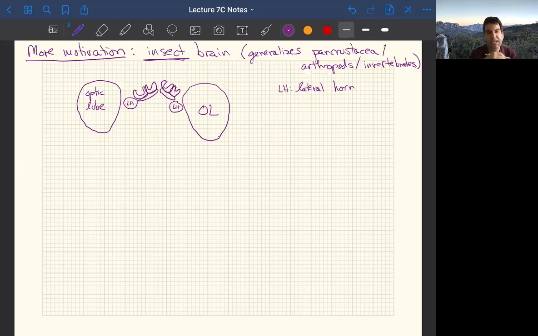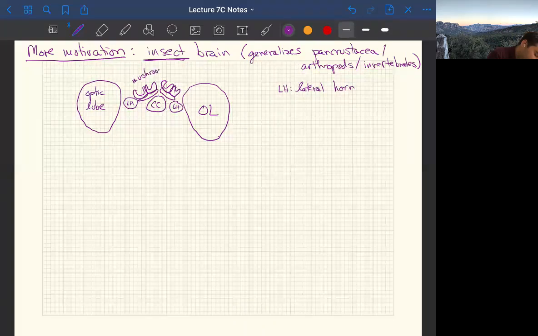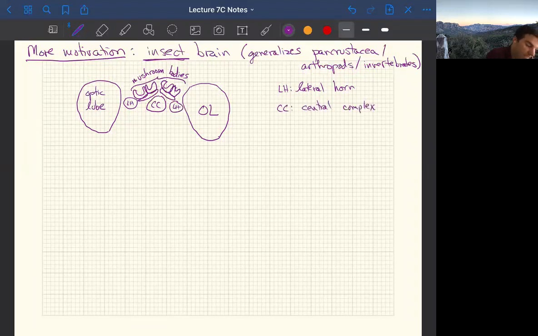These mushroom bodies are involved in sensory integration and higher order thinking, which we'll get into. Then there's this thing in the middle, the central complex, CC, which is used for navigation.